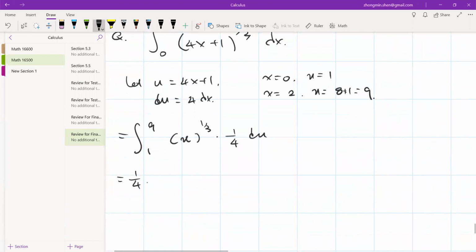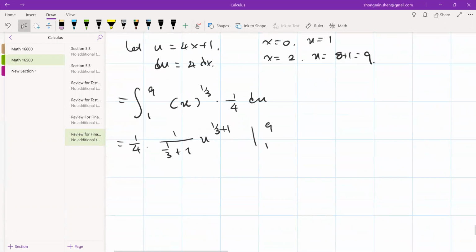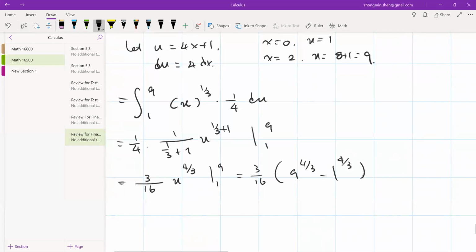Then you have to find the antiderivative and evaluate that between the limits. The only problem here is that you get 3 over 16 u to the 4/3, and how to simplify it. 9 to the 4/3 is going to be 81?